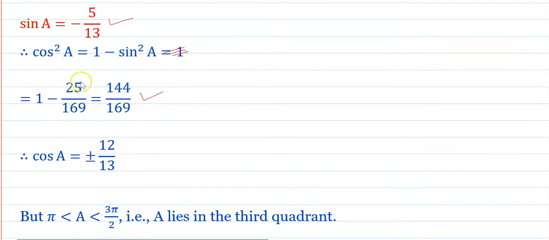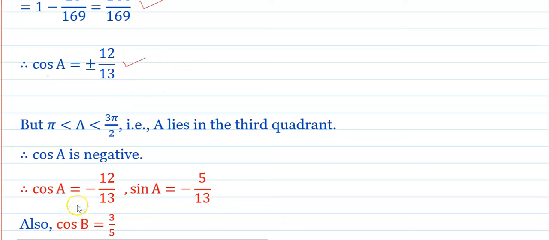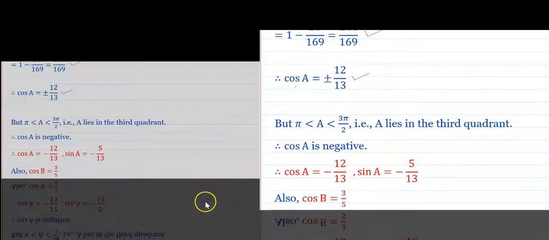Hence cos square A is equal to 144 upon 169. Taking the square root on both sides, cos A is equal to plus or minus 12 upon 13. Now as A lies in the third quadrant, in the third quadrant only tan is positive, cos A is negative, and hence cos A is equal to minus 12 by 13, sin A is equal to minus 5 by 13.